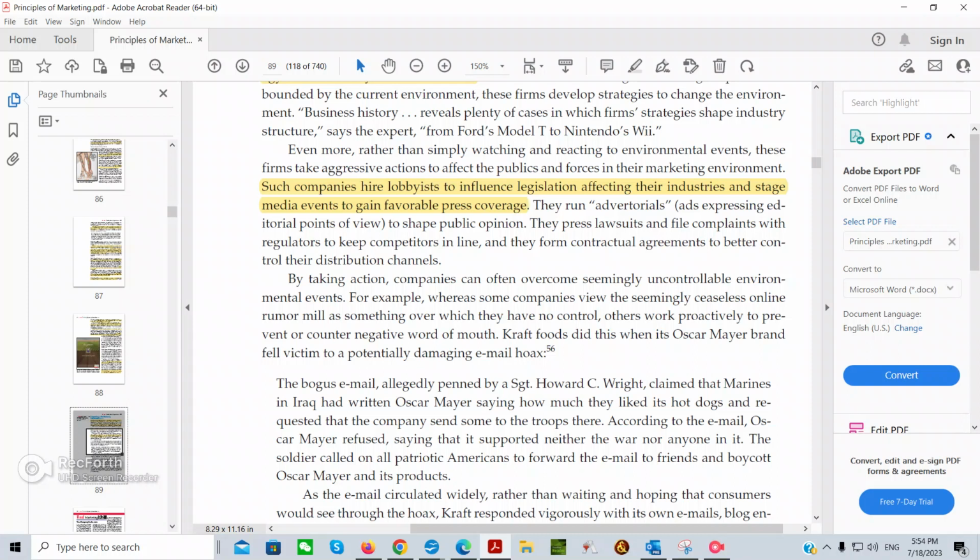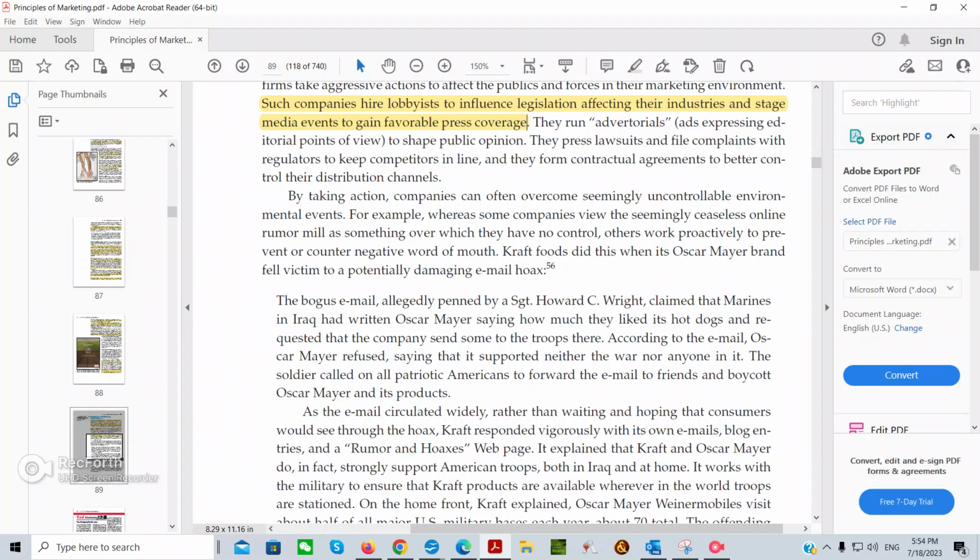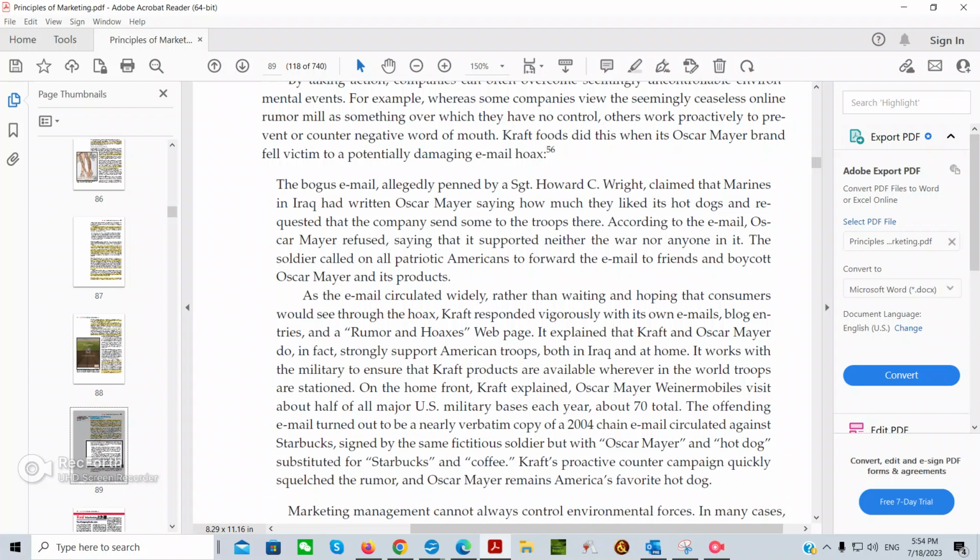For example, whereas some companies view the increasingly ceaseless online rumor mill as something over which they have no control, others work proactively to counter negative word of mouth. Kraft Foods did this with its Oscar Mayer brand, which fell victim to a potentially damaging email hoax.